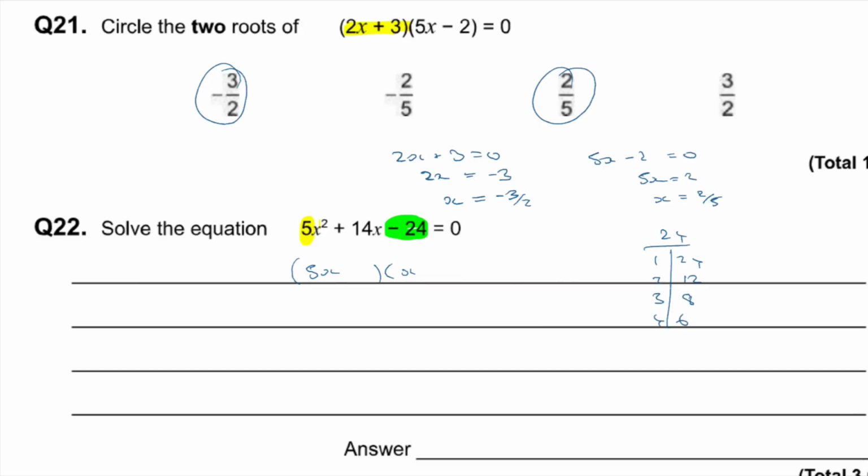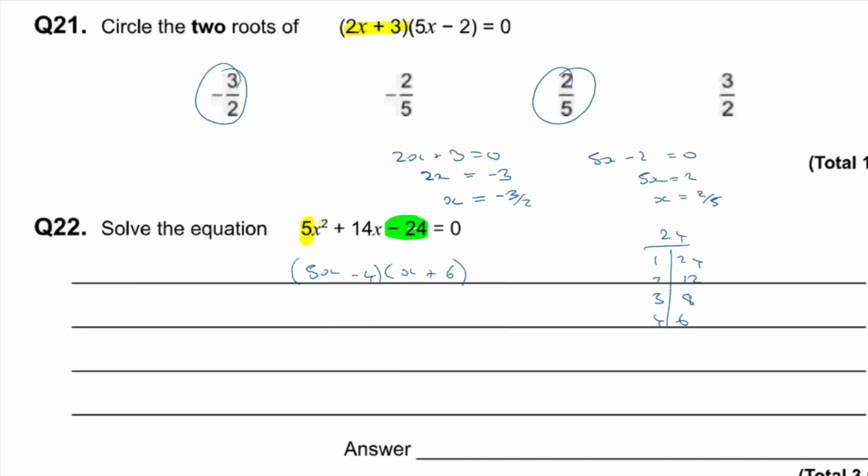So how can I use those to get 14? Well, if I put the 6 here and the 4 here, and I made this one positive, then 6 times 5 is 30. And if I made this one negative, that doesn't work. That gets me to 26. What about the other way around?